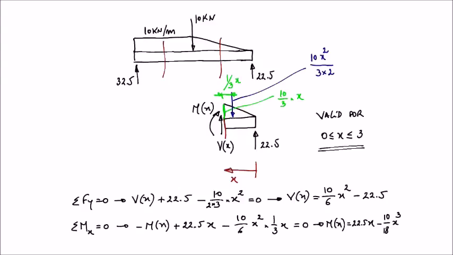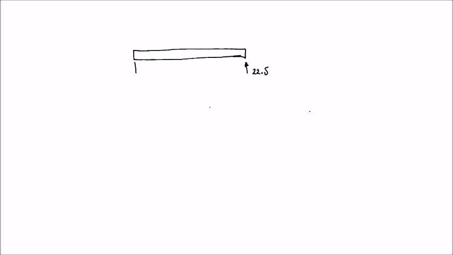The reactions, so this one is 22.5 kilonewtons. This one is 32.5 kilonewtons. We have the distributed loads, 10 kilonewton per meter, and we have the concentrated load here, 10 kilonewton.